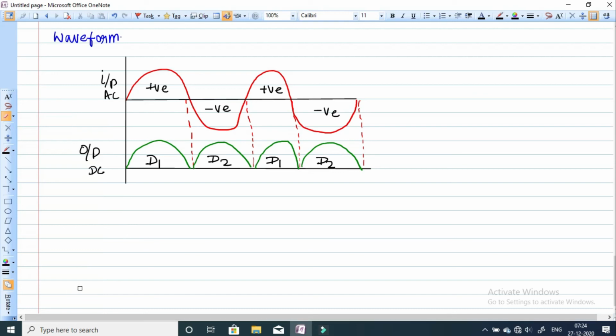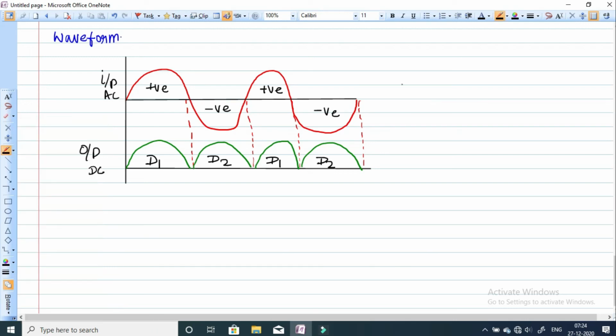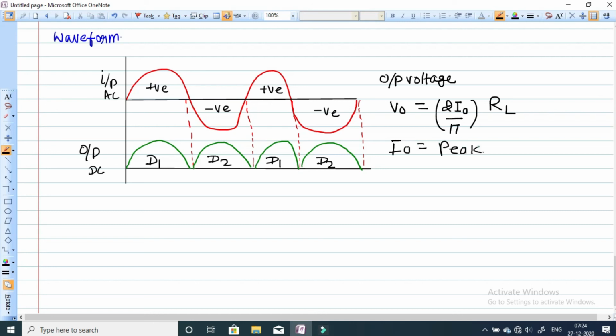Now we will see what the output voltage will be in this case. V naught is equal to 2 into I naught by pi into load resistance, that is RL, where I naught is the peak value of output current, that is the secondary current, the transformer current, and RL is the load resistance.